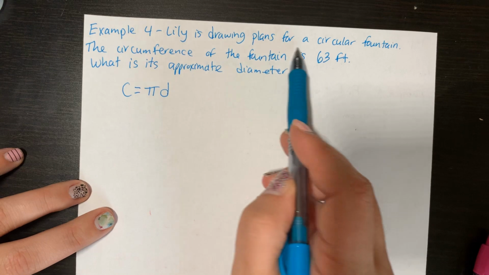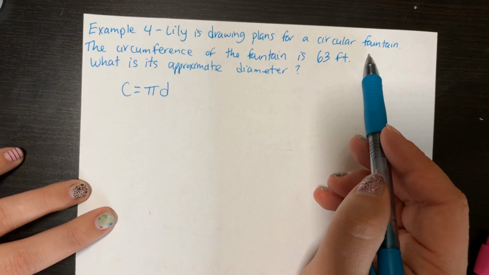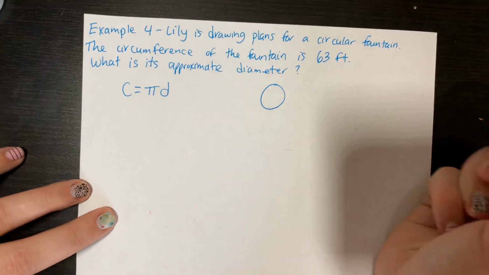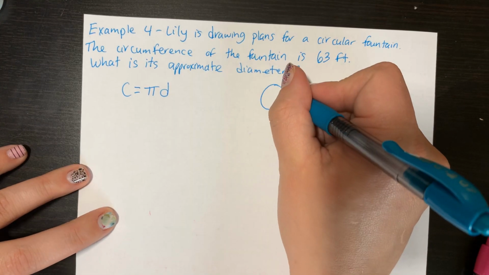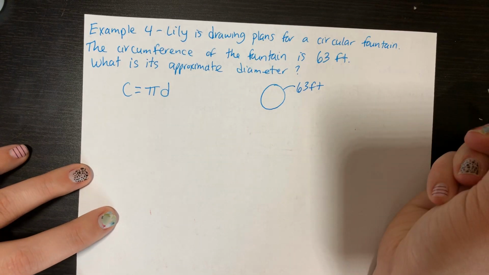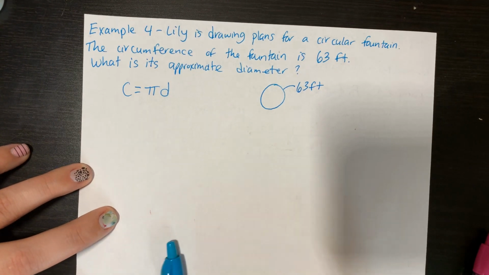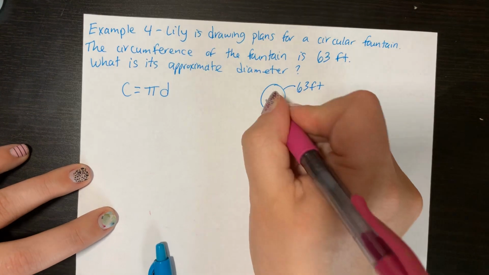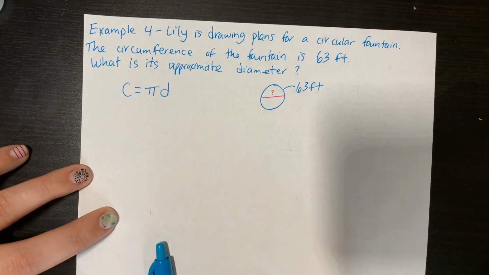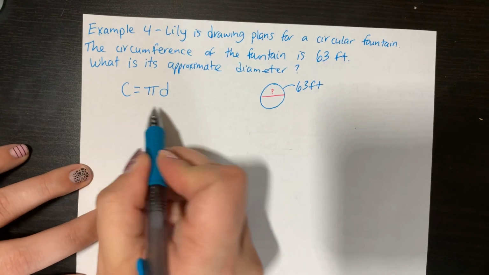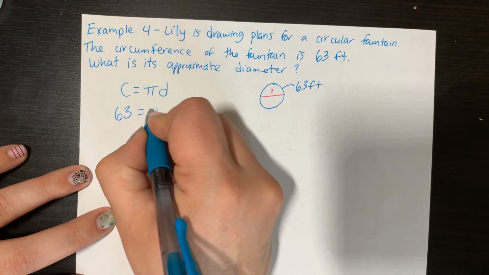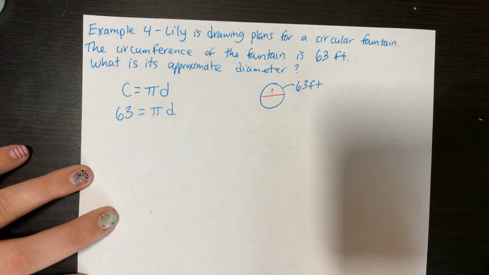She is drawing plans for a circular fountain. The circumference, the outside part, is 63 feet. And the last part asks, what is the diameter? That's the part we don't know. So we can plug in 63 for C equals pi, and we're looking for d.